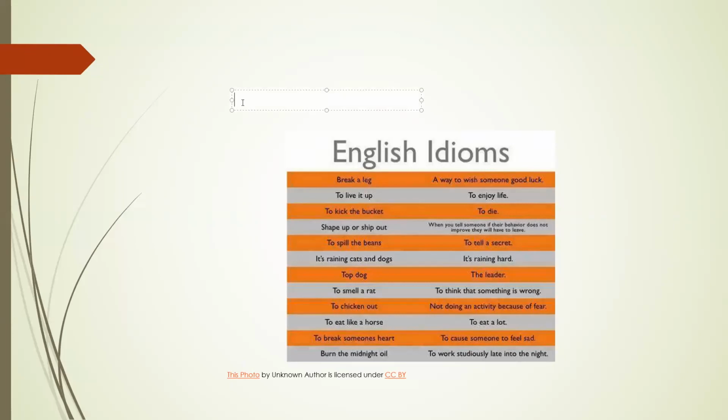Suppose it's raining cats and dogs, you can write, I cannot go out because it is raining cats and dogs. Or you can also write, he is here to spill the beans.